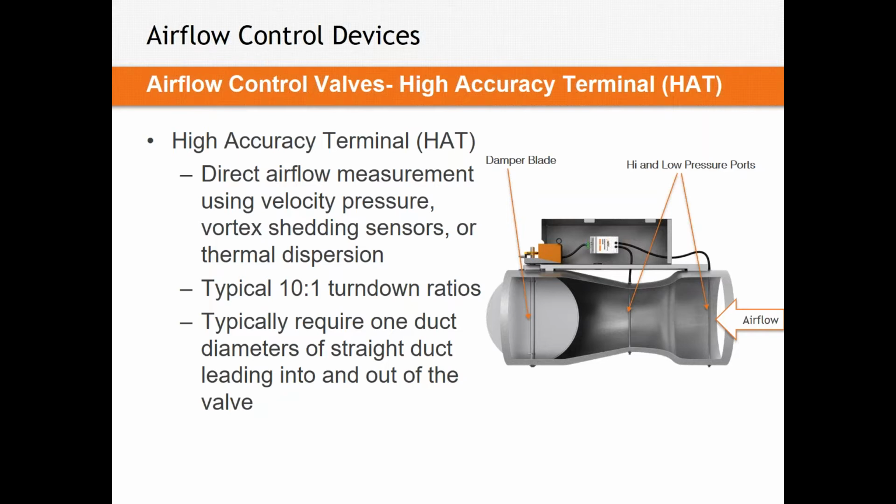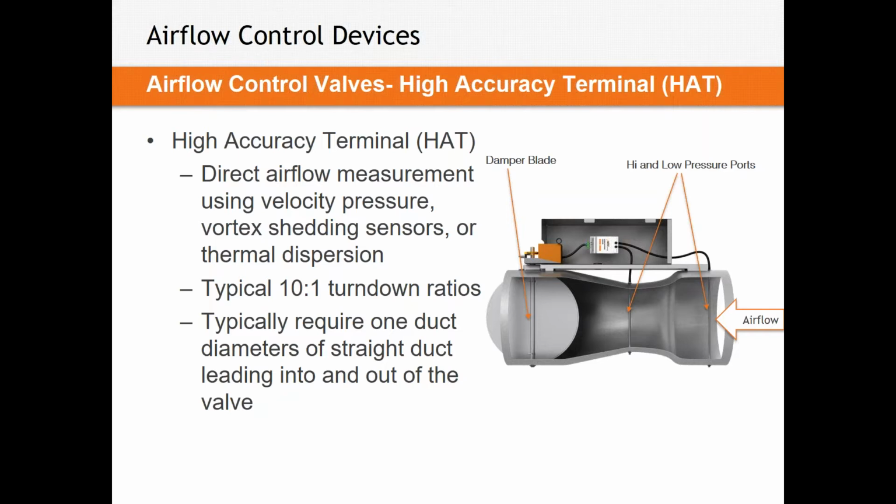The first thing that happens in a high accuracy terminal like the one you have here is when you generate a pressure drop, like we do through that Venturi shape, through that throttling neck, we have a larger pressure drop in this device. And really what I'm getting at is a large pressure drop is easy to measure. It's a very simple fact of measuring anything.